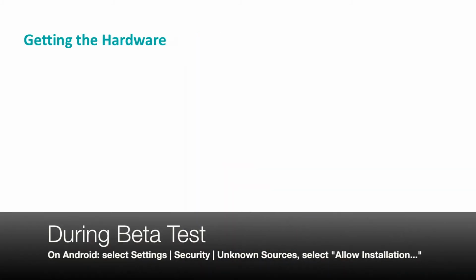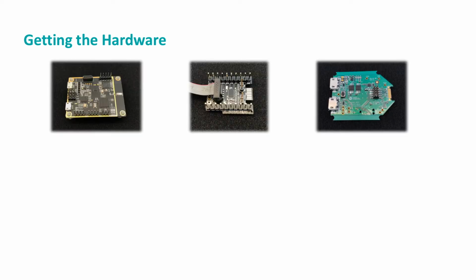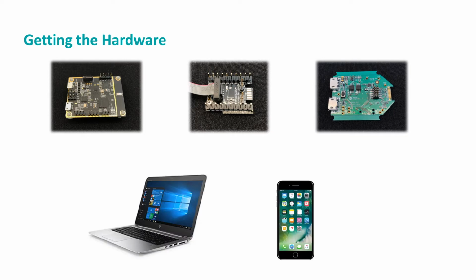The last step in preparing to develop for the Maxim nexpaq Embed platform is to get the hardware. If you're attending a Maxim nexpaq event, you'll receive all the hardware you need at the event, except, of course, your development PC and a smartphone. You will need to provide these.